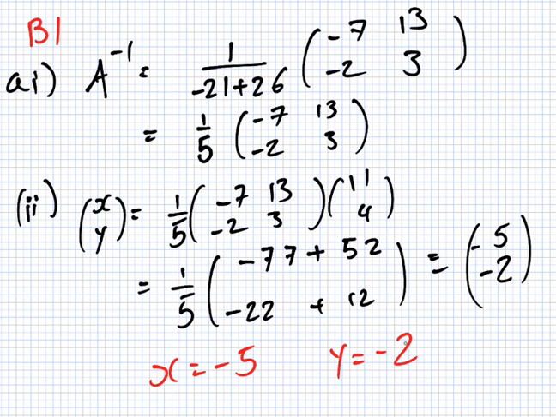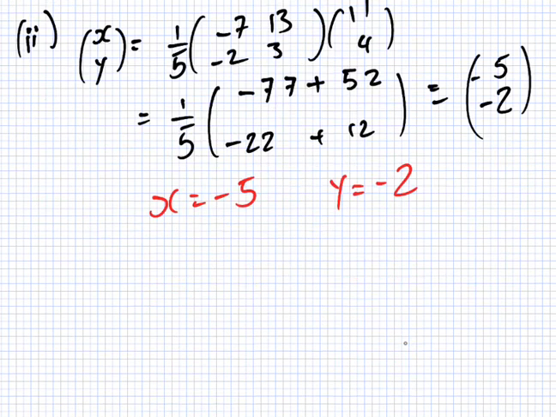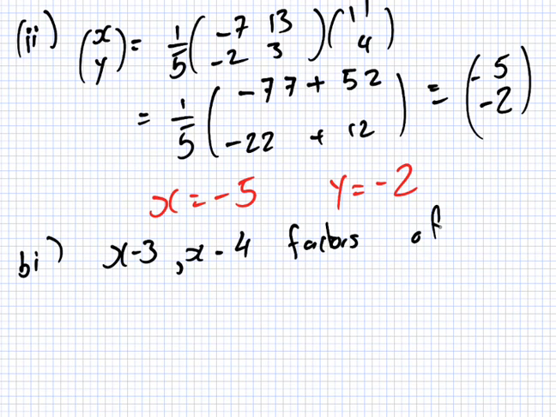Okay, now time for part B. They tell you that x minus 3 and x minus 4 are factors of x cubed minus p x squared minus 2x plus q.